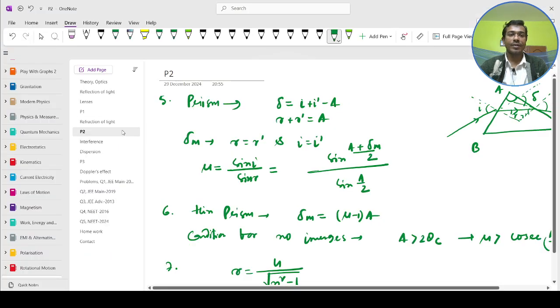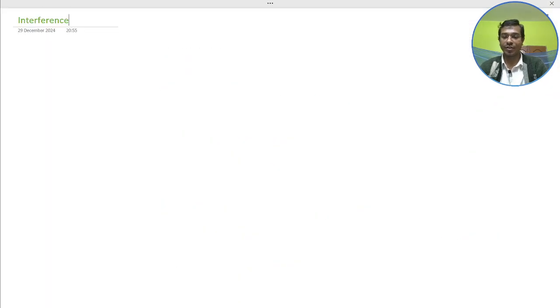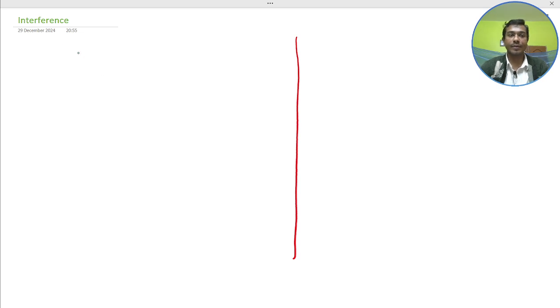And our next discussion, the interference of light. In the interference of light, first one, the resultant intensity. Waves y1 equals a1 sin omega t and y2 equals a2 sin (omega t plus phi).